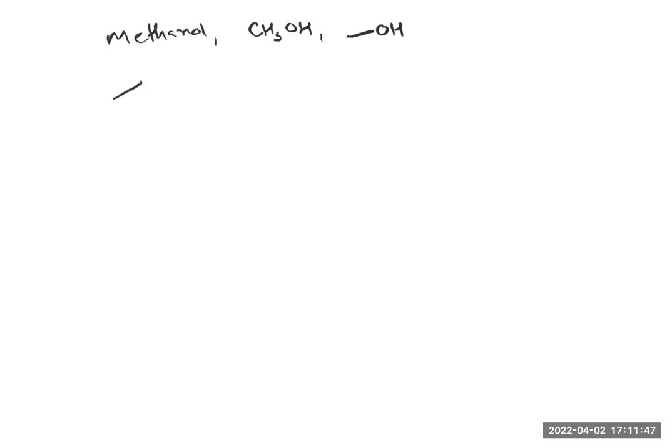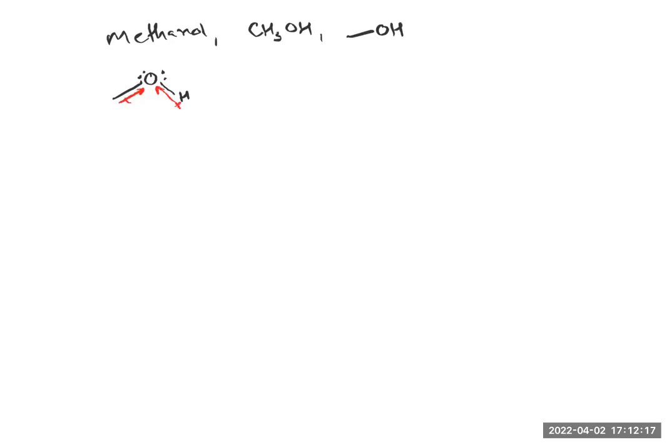If you draw the Lewis structure to the correct geometry, it's going to look something like this, except I did not draw the CH3 part because it doesn't matter. Then you're going to have two bond dipole moments going towards oxygen, because oxygen is more negative than hydrogen or carbon.